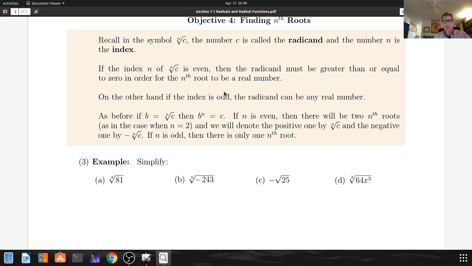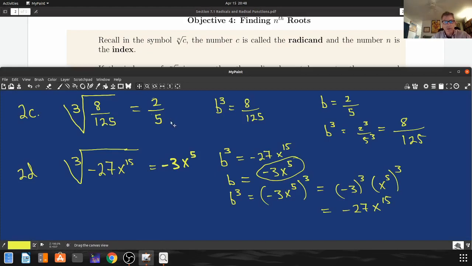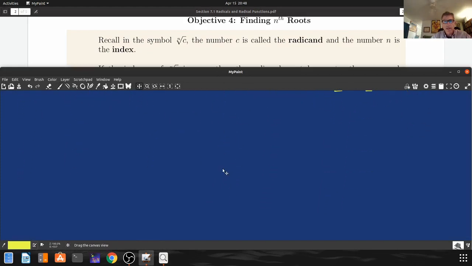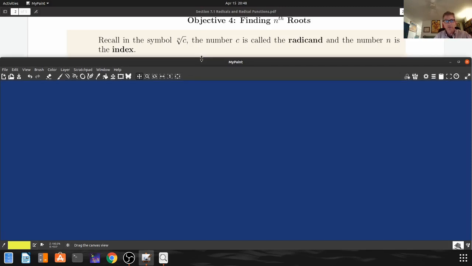Square roots are represented in this particular way by an index of 2. Recall, this is called the nth root of c.